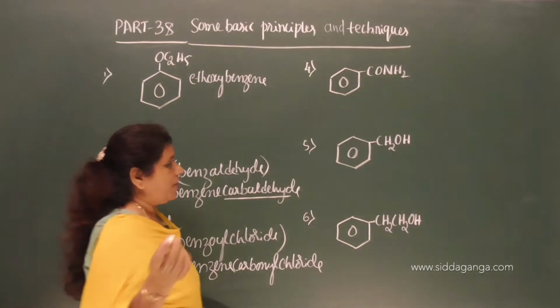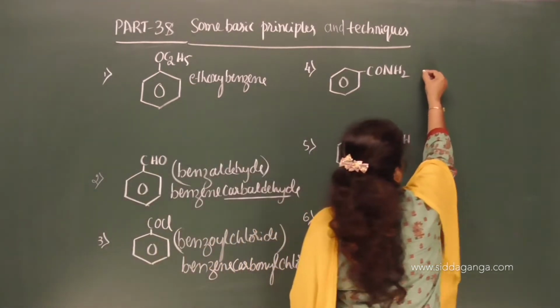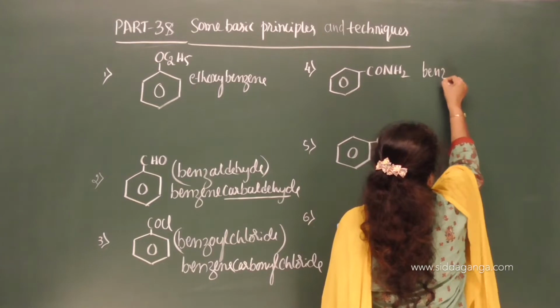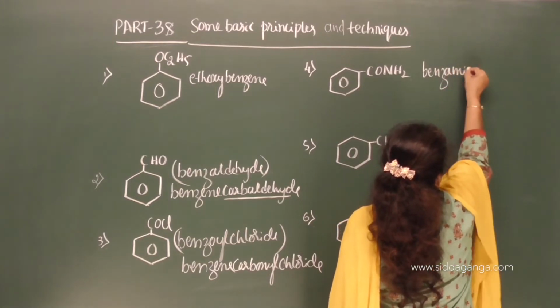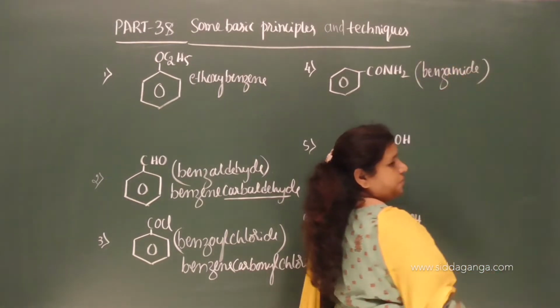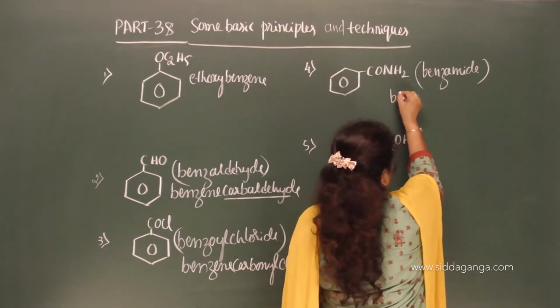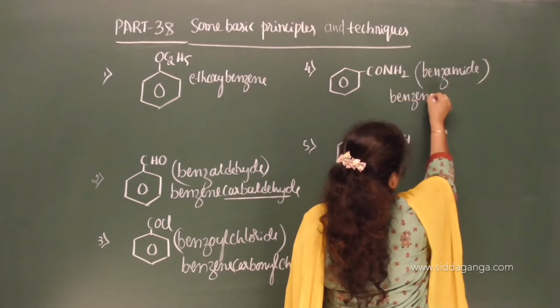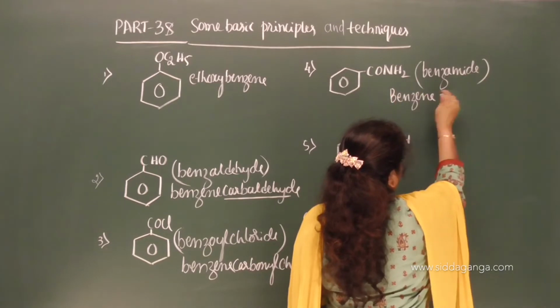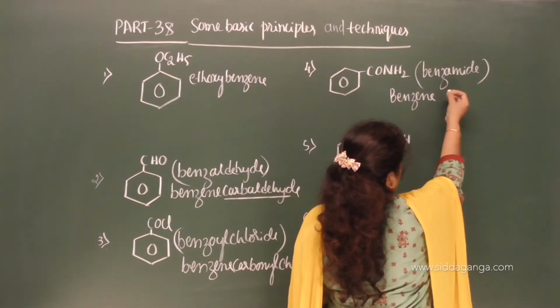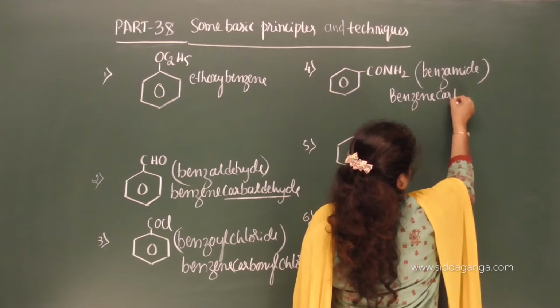Now let us move on to this compound. So benzamide. Benzamide is the common name or the special name, and benzene, you can use a capital letter here, benzene what? Carboxamide.